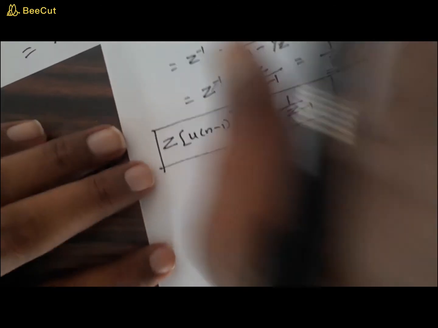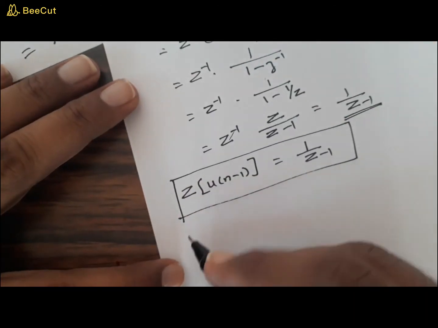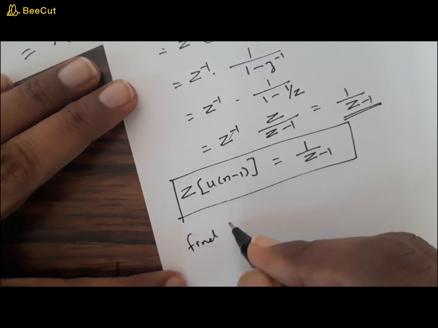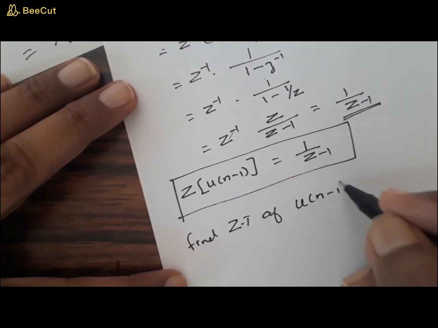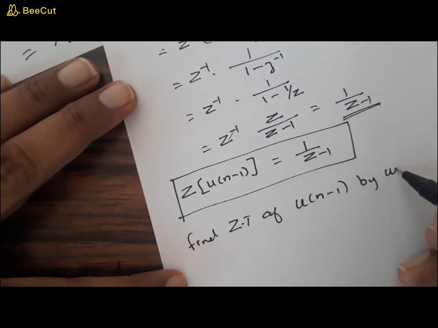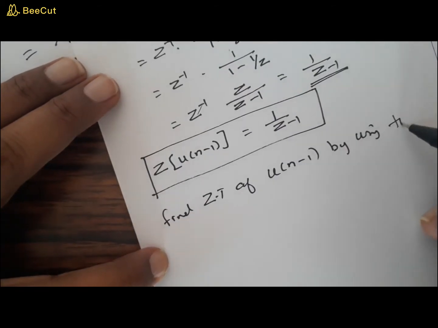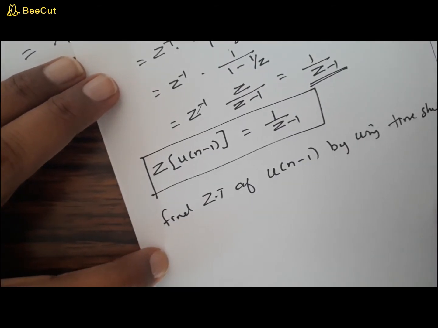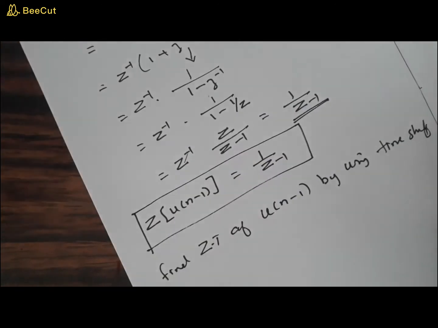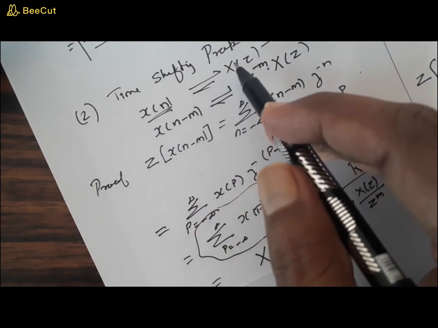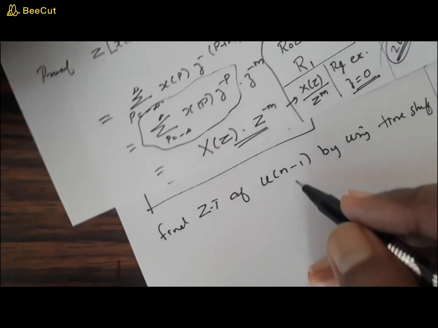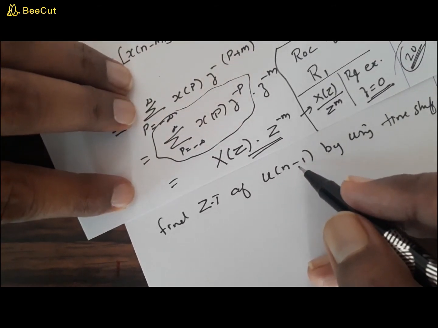Okay, now how to apply the property? Suppose the question would have been: find the z transform of u of n minus 1 using the time shifting property. Now the time shifting property states that if x of n has z transform X of z, then shifting follows. What is the basic signal corresponding to u of n minus 1?